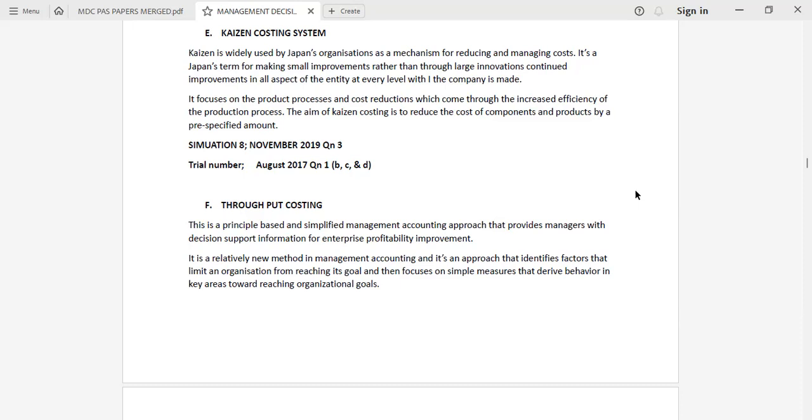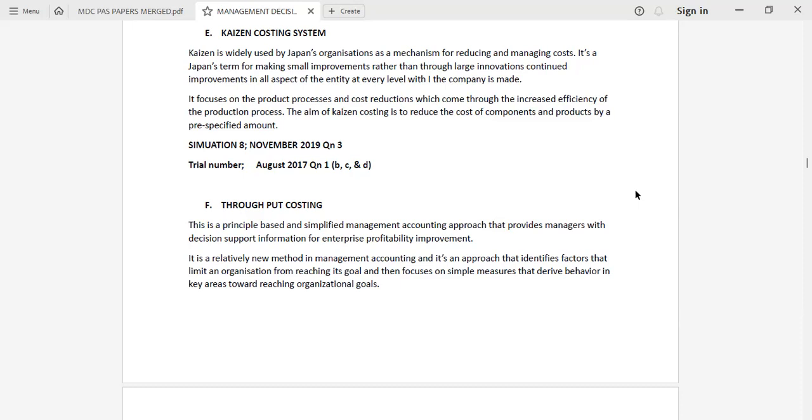But if you make all those improvements at once, you will end up not having anything to give to your customers. So that's the simple logic that Kaizen is trying to bring to the system.